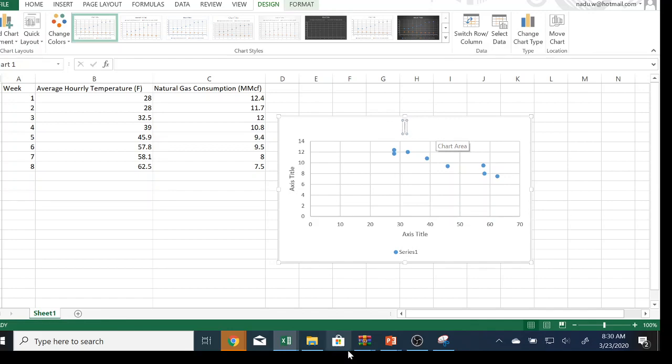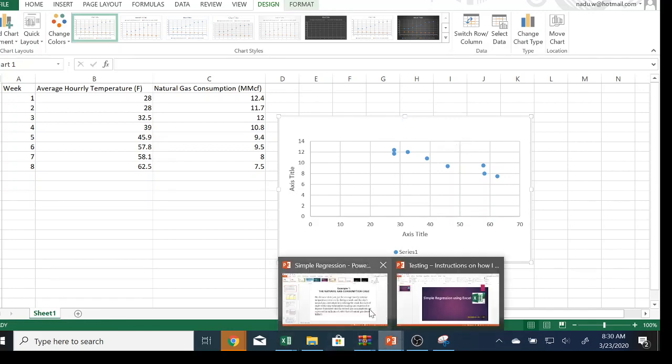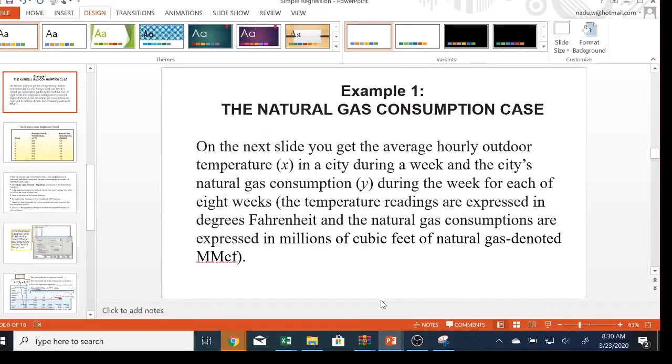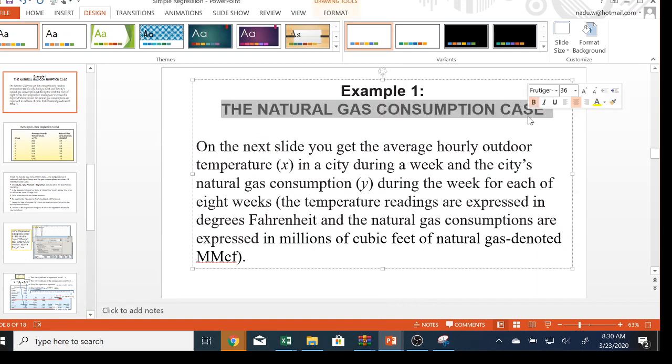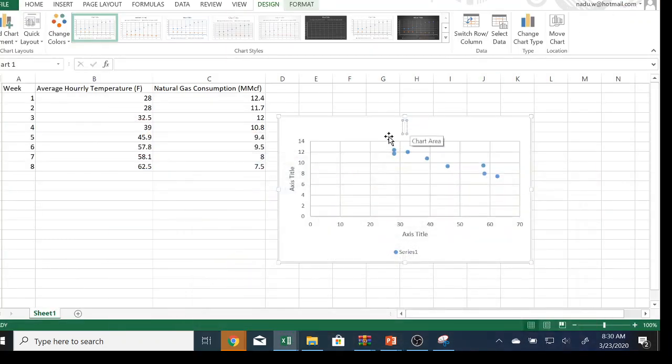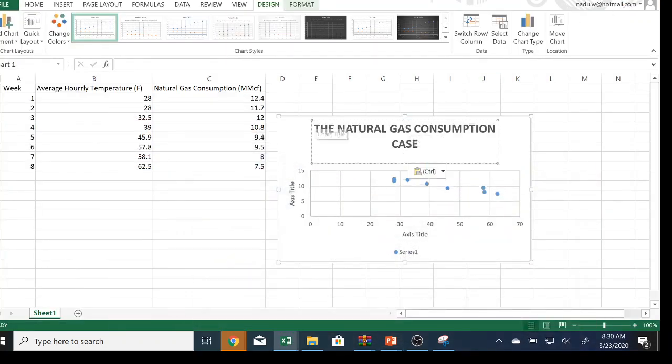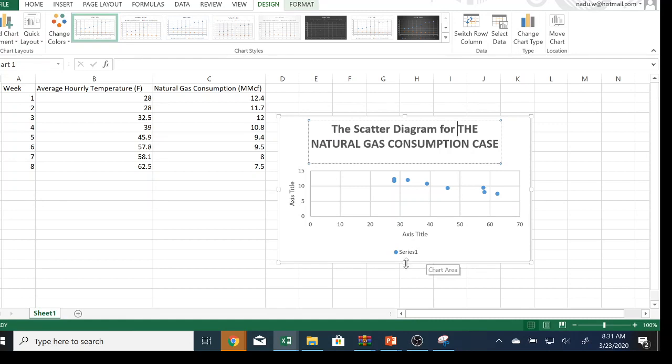We'll put the topic or the chart title as the natural gas consumption case. It would be more appropriate for us to put it as the scatter diagram, okay.